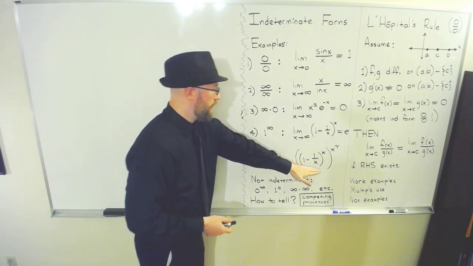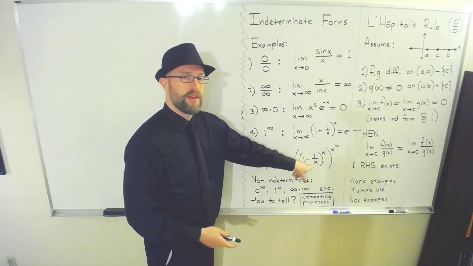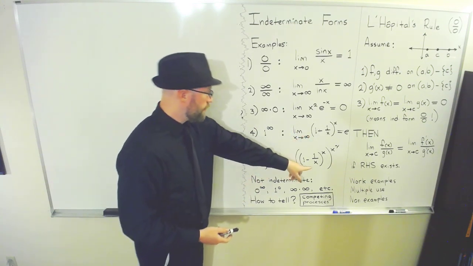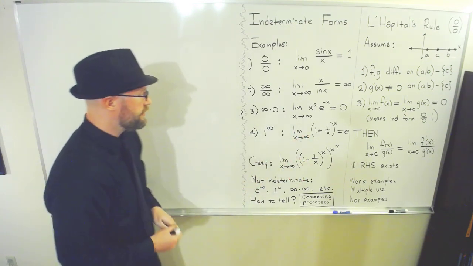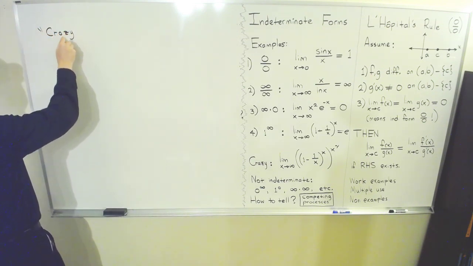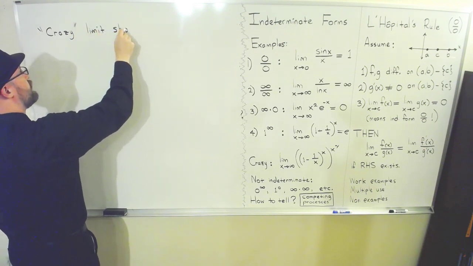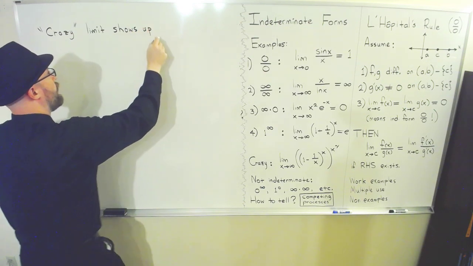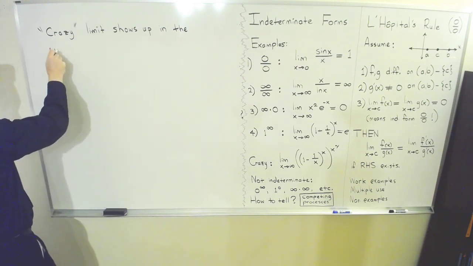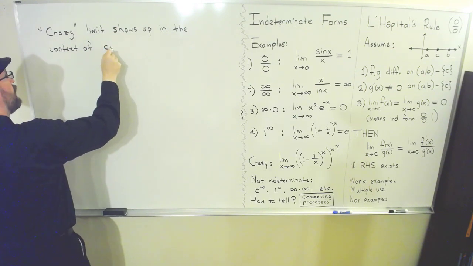Where does this limit come from? Well, interestingly enough, I encountered this limit in the context of a research program about physics. This crazy limit shows up in the context of cosmology.